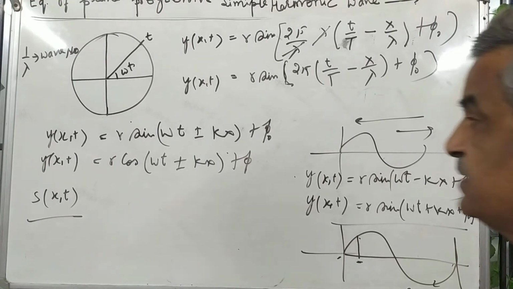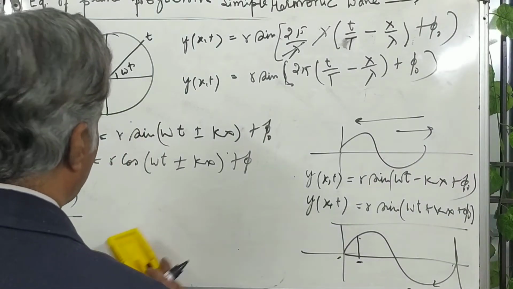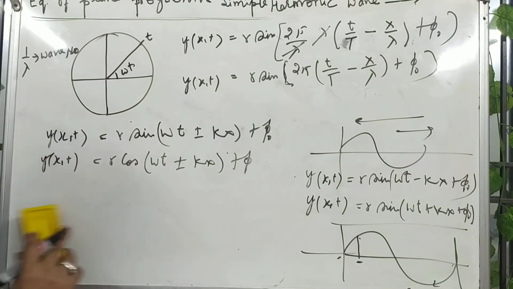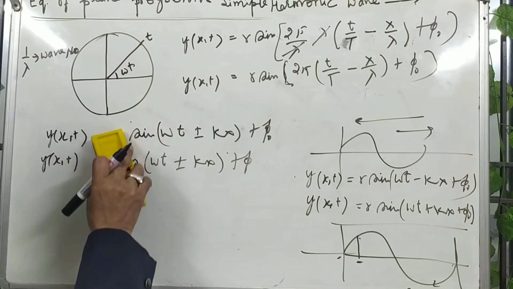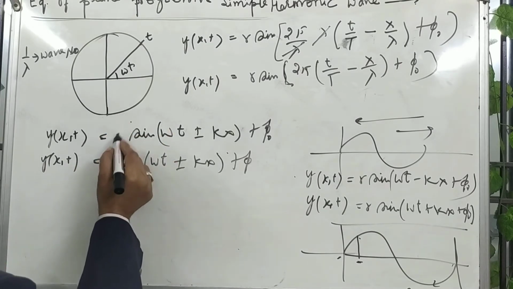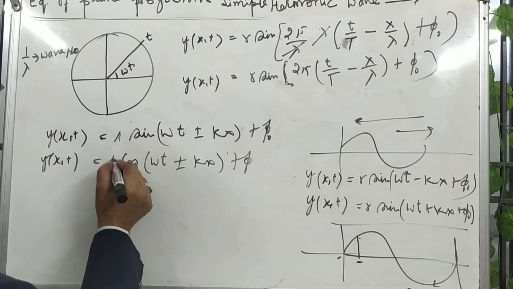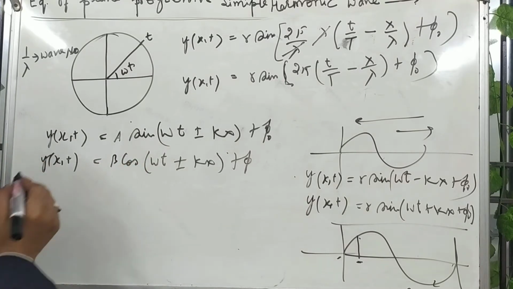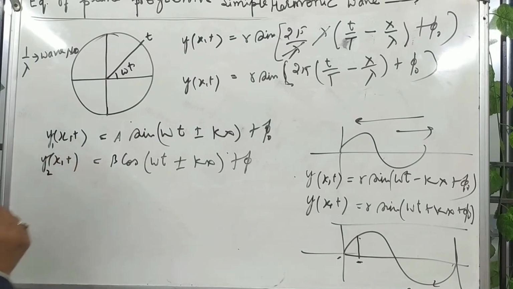In this case, suppose there are two waves. If I change their amplitudes, let one amplitude be A and the other be B. Their superimposed wave, let it be y1 and y2.